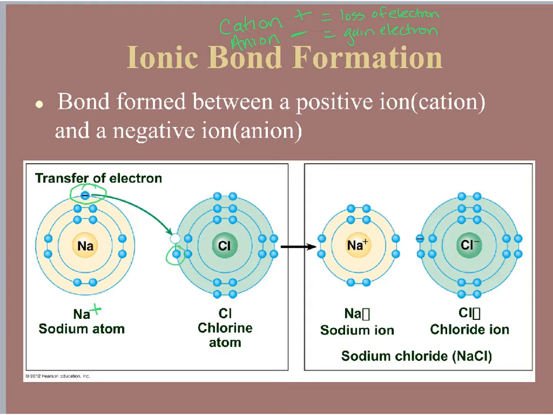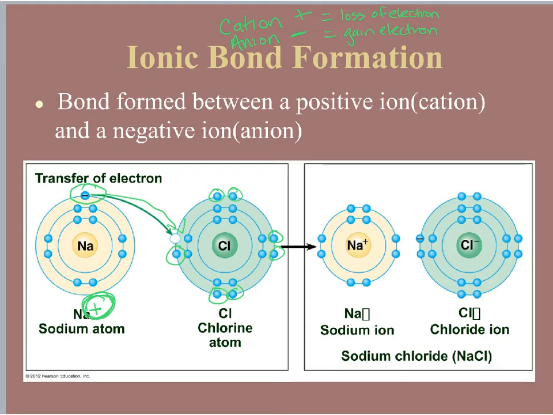So look at chlorine, for example. It's got 7 electrons in its valence shell, so it's very electronegative. And when these 2 atoms come together, the electron in sodium's valence shell often gets pulled over to chlorine. And so since sodium now has lost an electron, it becomes positively charged. It becomes a cation.